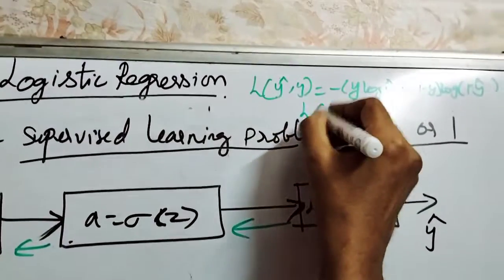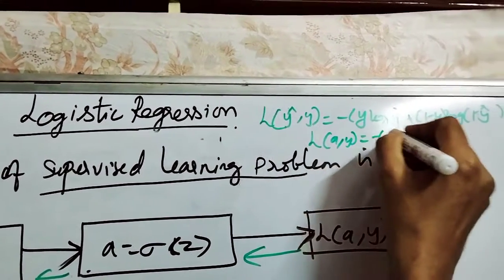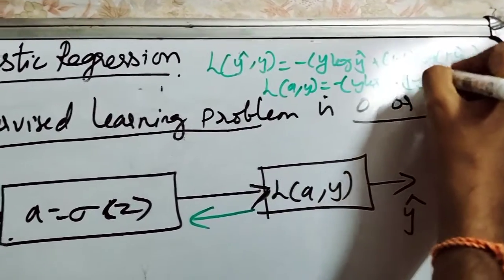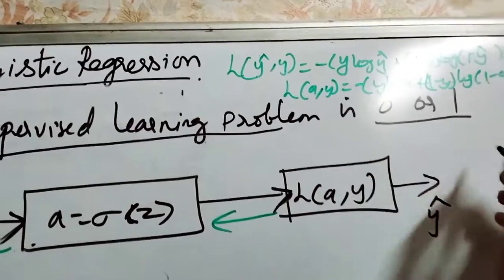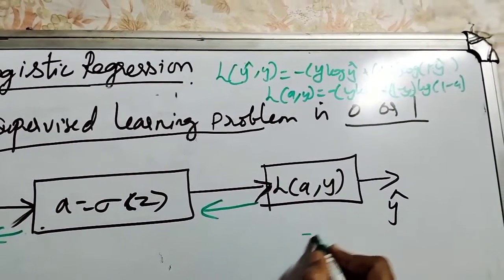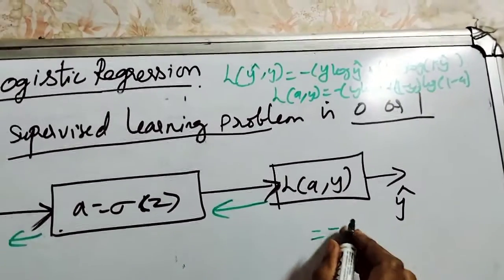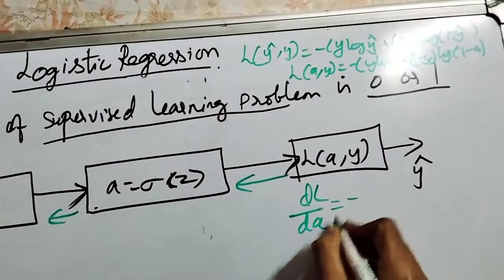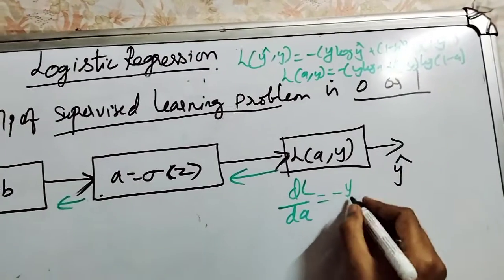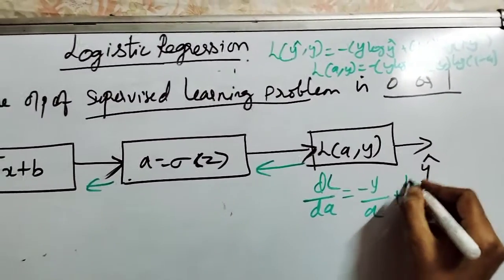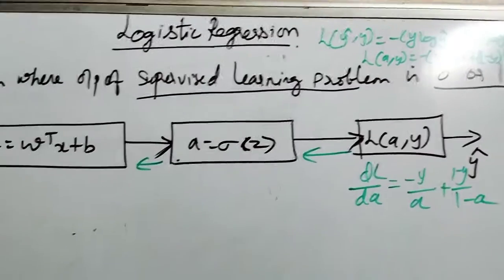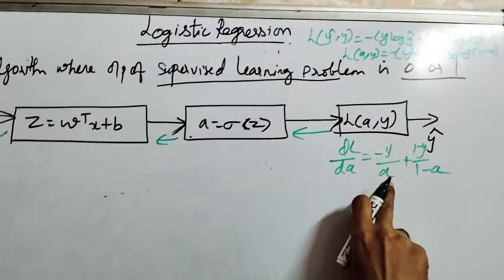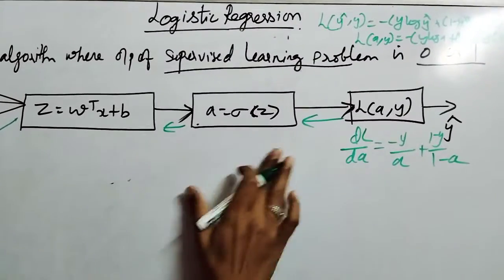So L of a comma y becomes minus y log a plus 1 minus y log 1 minus a. Here we are going to derive the first order derivative of the loss function L, which is equal to minus y by a plus 1 minus y by 1 minus a.